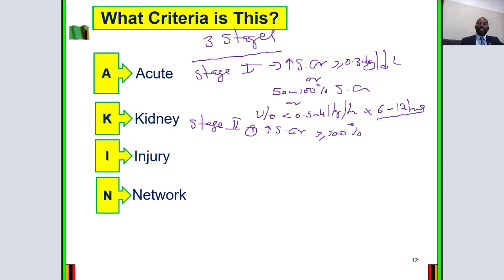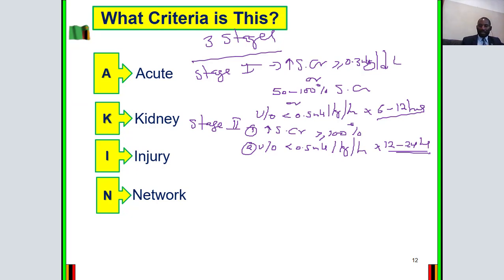And if we go by way of urine output, it is less than 0.5 mL per kg per hour, which now goes from 12 to 24 hours. Remember, for KDIGO, it's just 12 hours. But for the Acute Kidney Injury Network, they are saying when we have this oliguria from 12 hours to 24 hours, still in stage 2.